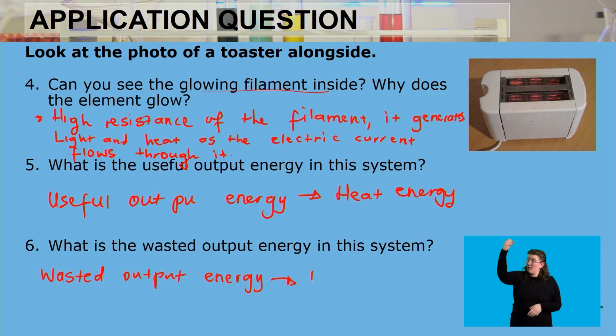That is going to be your light. That's not what you were looking for. When you put in your bread there, you did not say you want the toaster to light up your bread. You merely wanted the toaster to heat up your bread and therefore in turn toast your bread.